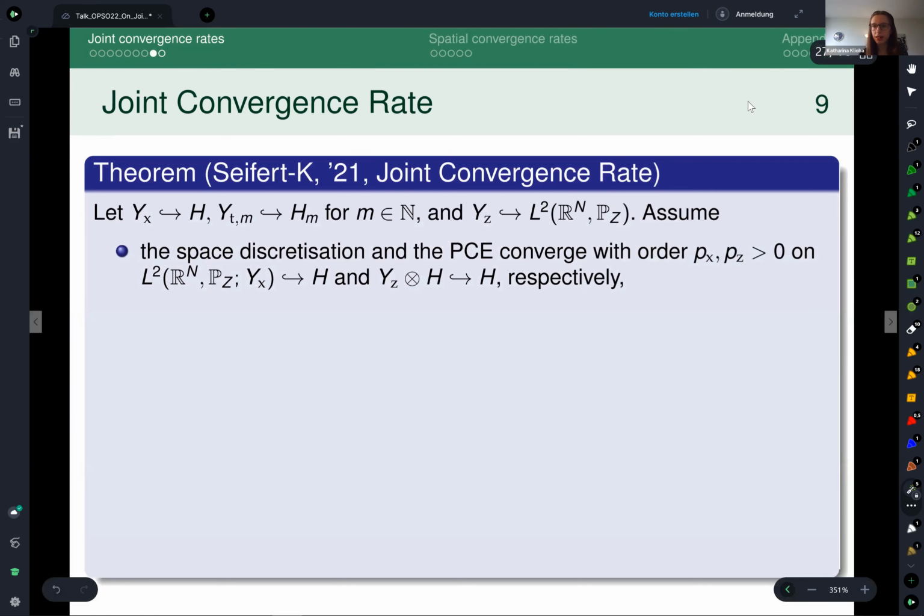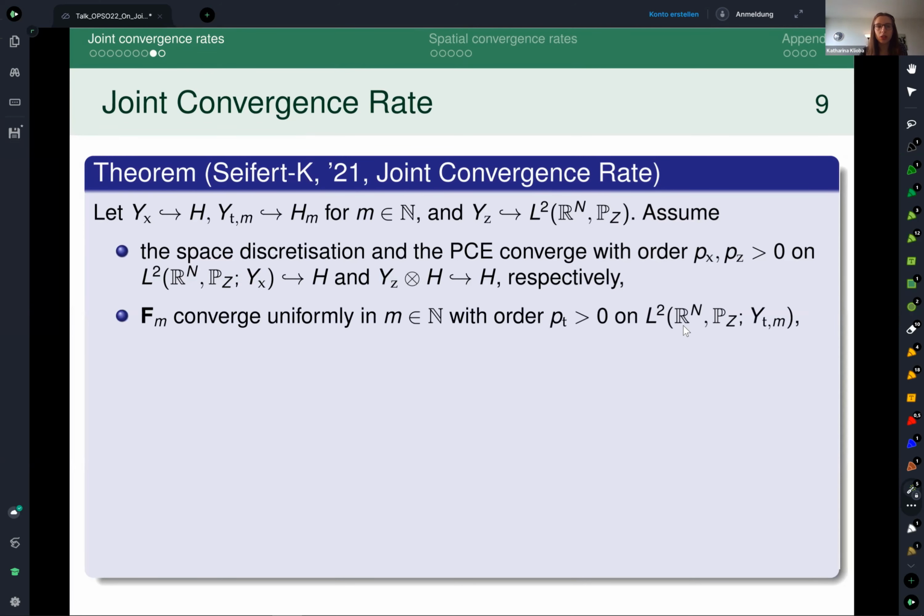And indeed, there are some further conditions necessary, because just because every separate discretization converges with a certain rate, this just doesn't necessarily mean that they work well together. So let's say we have the spaces for the separate convergence rates I just introduced, and assume that the space discretization and the randomness discretization converge with the respective orders on the respective spaces, so L2 with values in Y_x or Y_Z tensor H respectively.